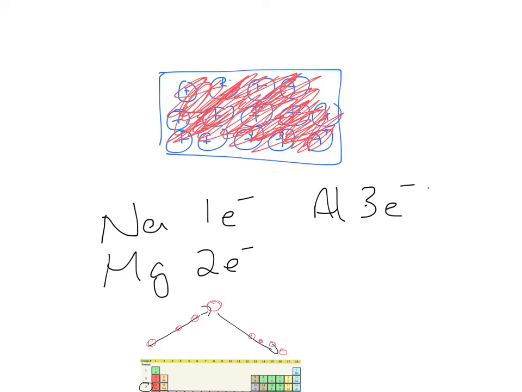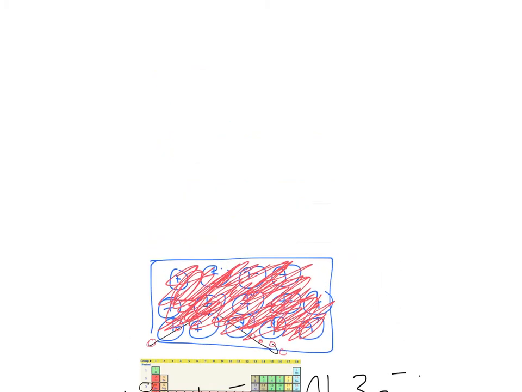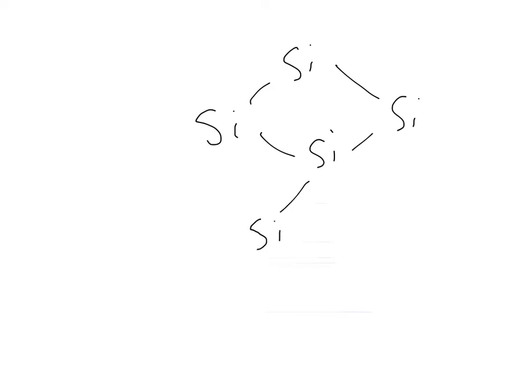Now it all changes at silicon. Silicon is rather unique, and when it bonds to itself, it bonds covalently in a tetrahedral way, and this goes on for infinity. Because of this, it forms a giant covalent structure, which is very, very hard, but also very stable.